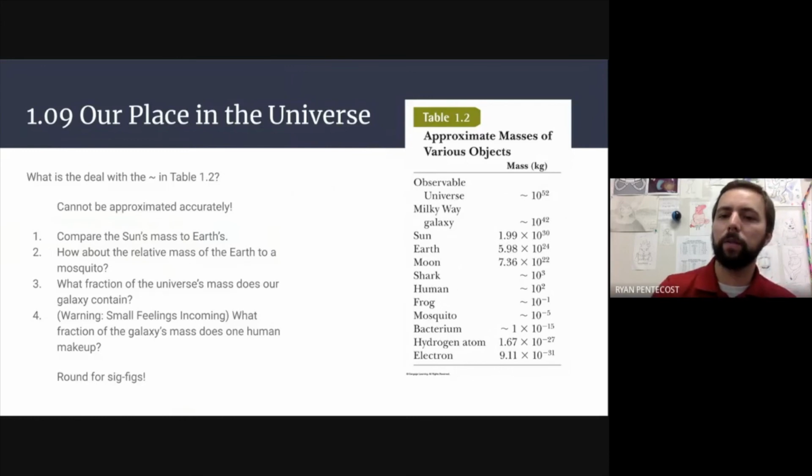So it sounds like the Milky Way might be a pretty good fraction of the observable universe. So let's compare some of these. First, let's compare the sun's mass to Earth's mass. The sun's mass is 1.99 times 10 to the 30th kilograms.